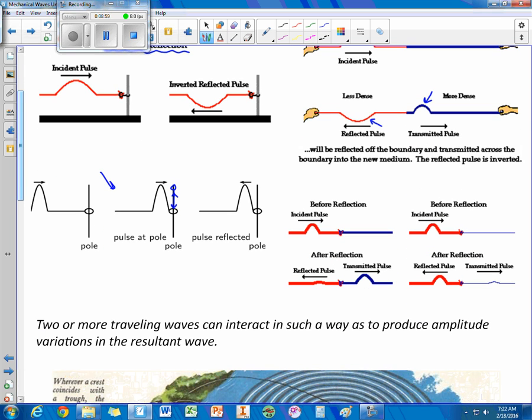If I have, let's say, going from a heavy string to a light string, such as this one, it's going to send a positive amplitude, and then it's going to have a reflection as well. And there's different things that we can do with this.